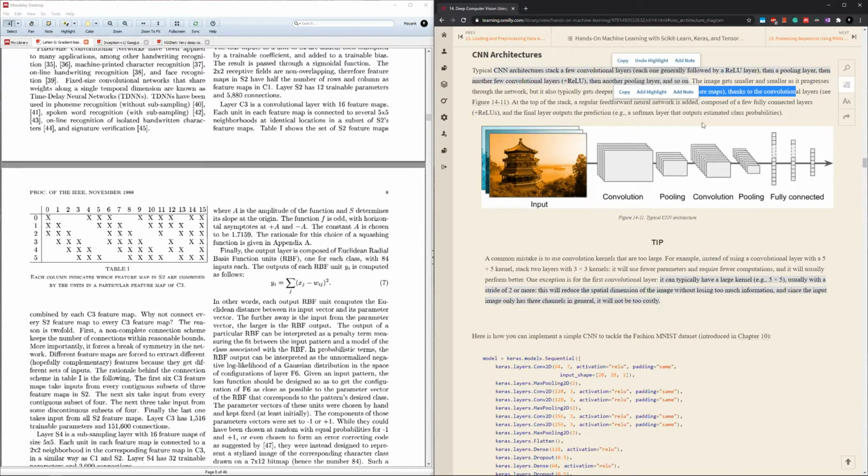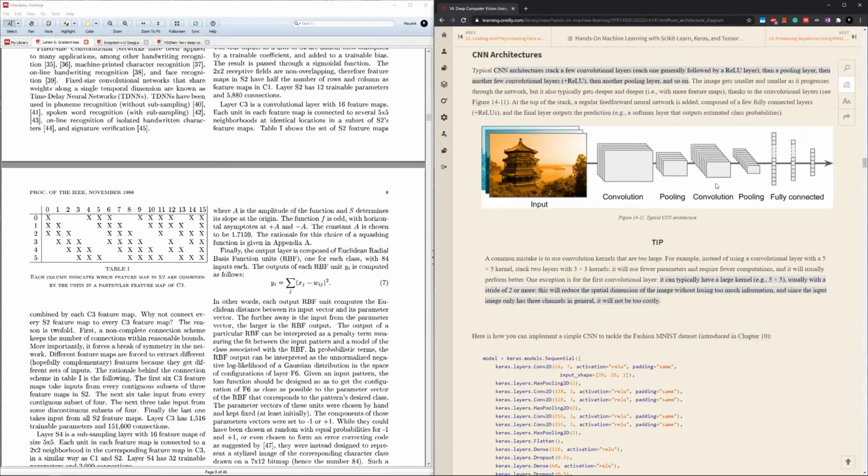The images get smaller and smaller as they progress through the network, and deeper and deeper with more feature maps. Think of the feature maps here as the vertical and horizontal lines or the circles, the high level features that we discussed last time.